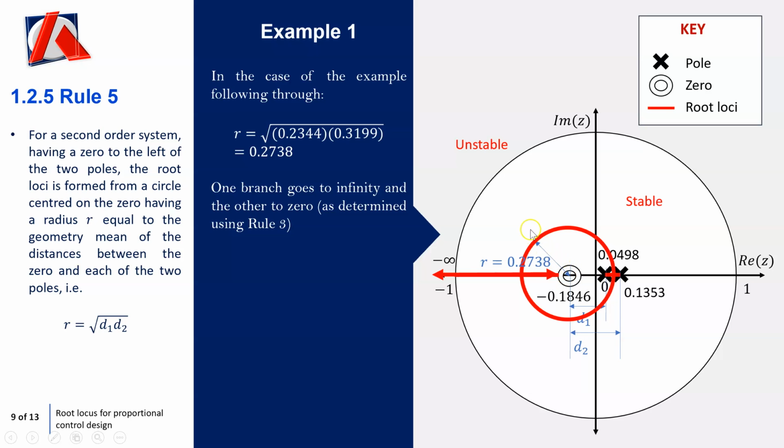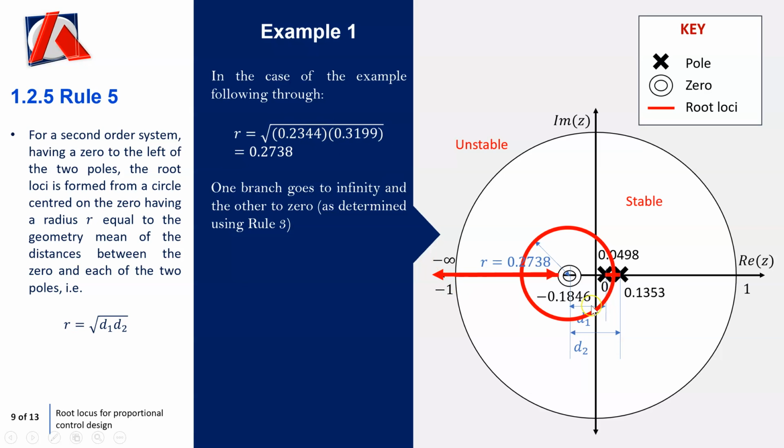So you take the radius around the 0, and the equation is given by the geometric mean of the distances between the 0 and this pole, and this 0 and this pole. So the equation is just r equals the square root of d1 multiplied by d2.